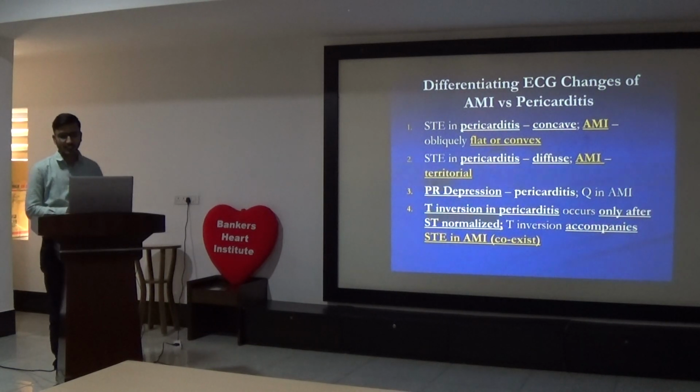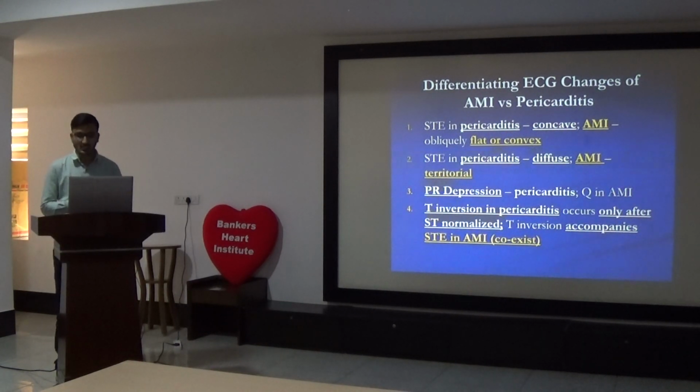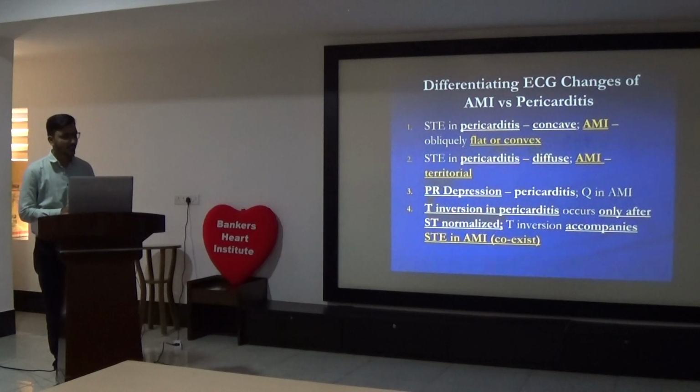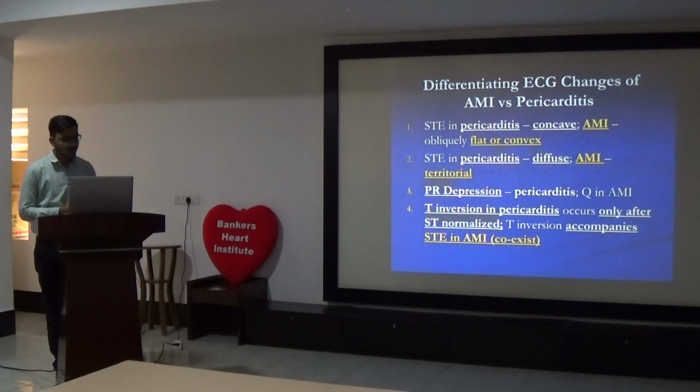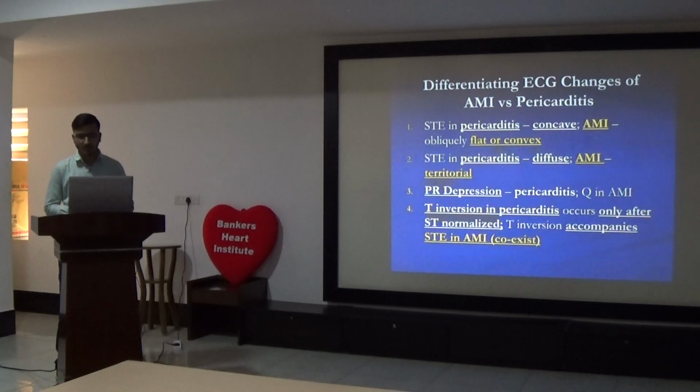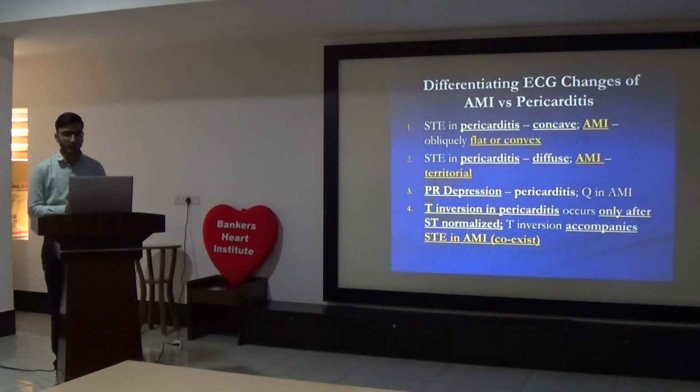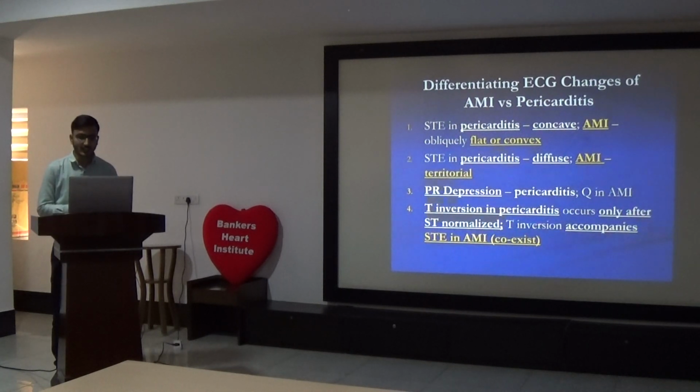So, differentiating ECG changes of acute MI versus pericarditis. ST segment elevation in pericarditis will be concave in shape, while in acute MI it will be flat or convex. Second, ST segment elevation in pericarditis will be diffuse, seen in all the leads, while in acute MI, depending upon the arterial territory, it will show changes.